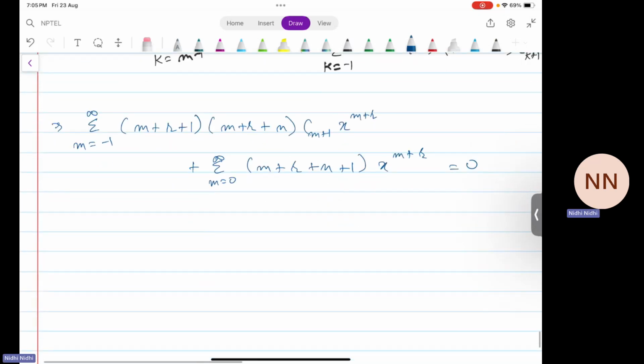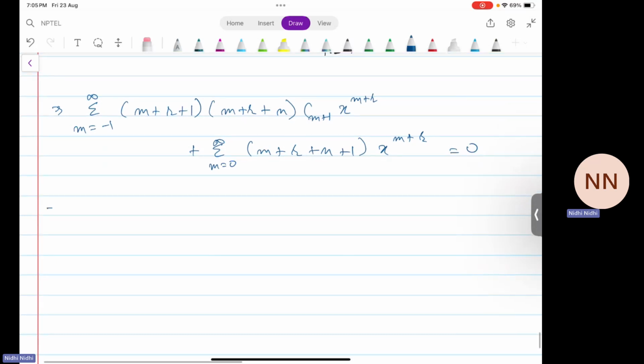Let's take out the first term of the first series so that the rest of the sum is from 0 to infinity. Putting m equals to minus 1, we'll get r plus n minus 1 c naught x to the power r minus 1, plus summation m from 0 to infinity.